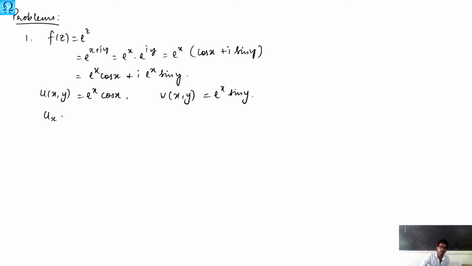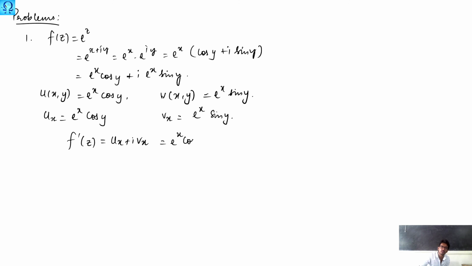Your ux is what? u is e power x cos y. I wrote it wrong before, so e power x cos y, and your vx is e power x sin y. So your f prime at z is ux plus iota times vx.